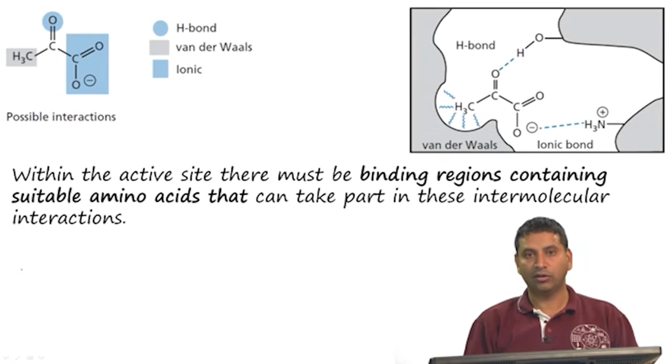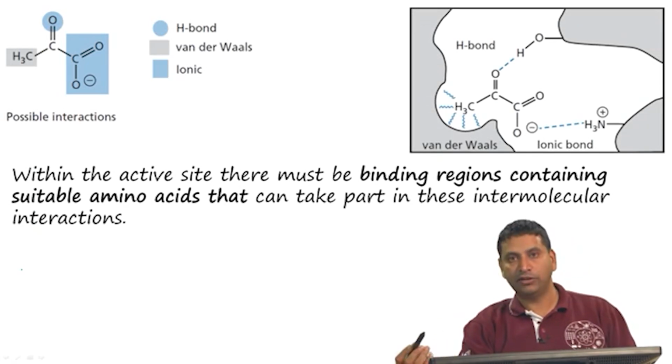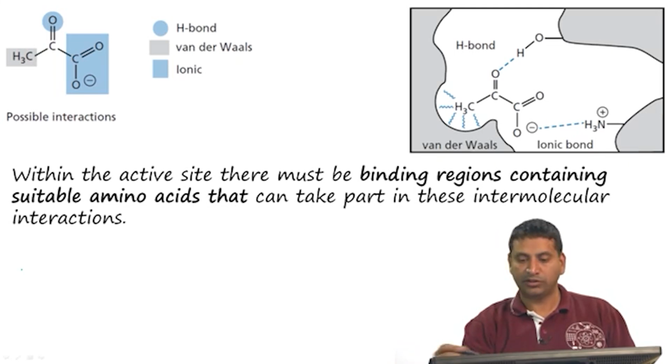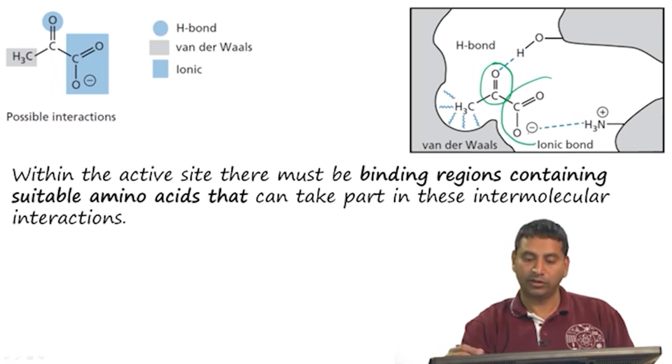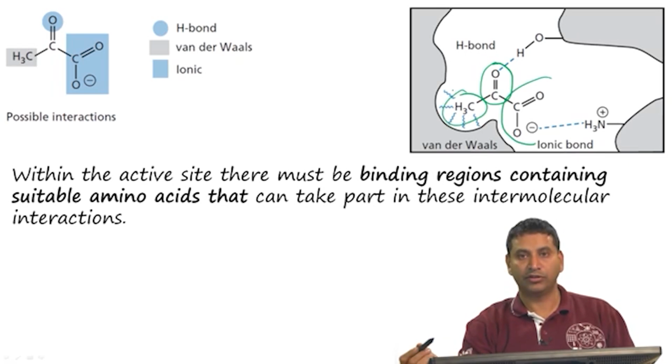Here it is redrawn, and one can imagine that the active site of the protein must contain an area where it binds to this carbonyl group. It must have an ionic bond over here and a hydrophobic or a van der Waals interaction.